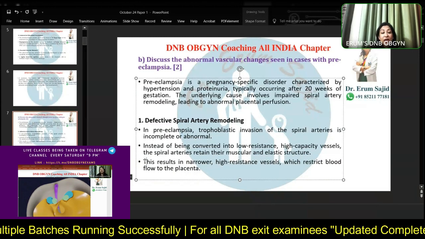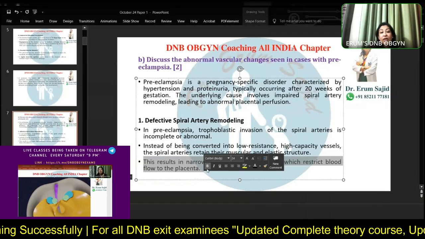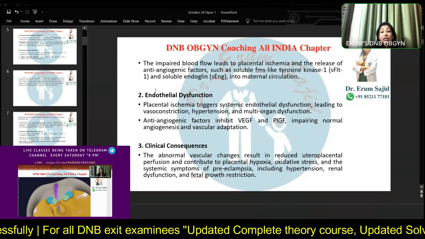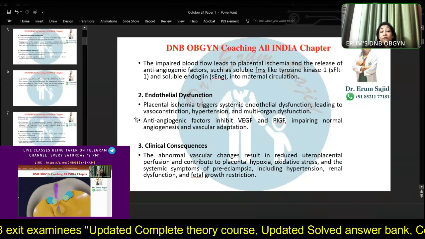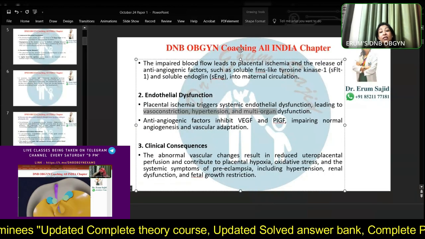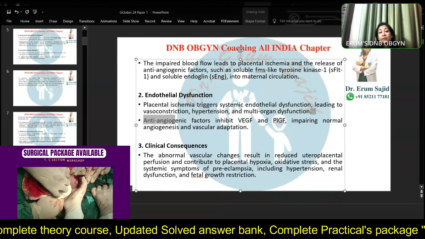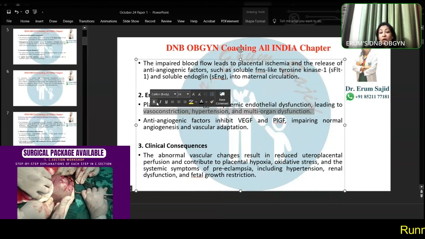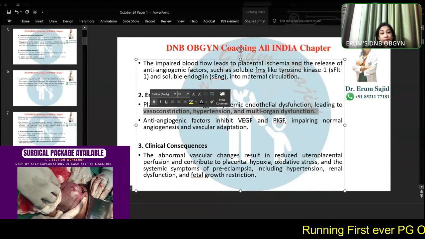You have FGR, you have oligohydramnios, you have placental dysfunction, correct? And because of this endothelial dysfunction, you have vasoconstriction, hypertension, and most important is the multi-organ dysfunction, I would say. If there's anything which this endothelial dysfunction does, it is the end-organ, multi-organ dysfunction.